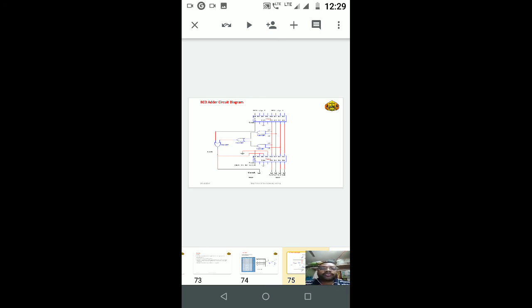If the result is less than or equal to 9, there is no further operation, but if the result is greater than 9 or carry is generated, then some operation is performed on that result and then you get the proper result. So in this lecture we have seen how to perform the addition of two BCD numbers.